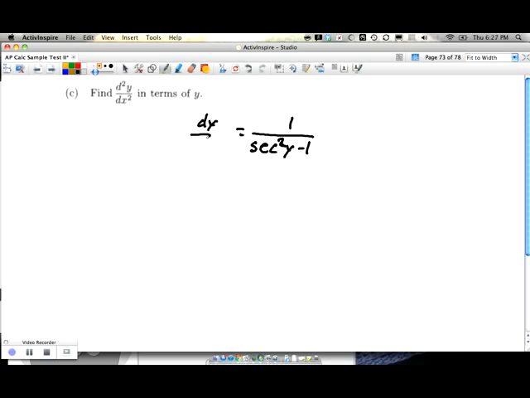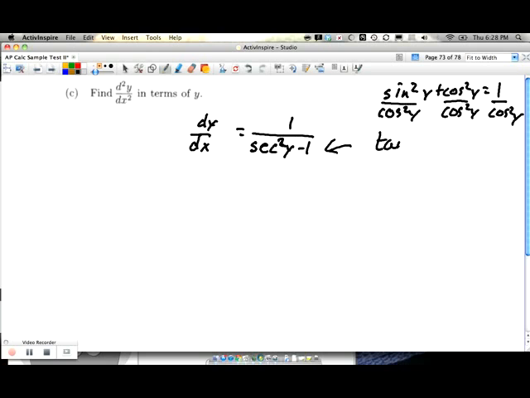I know that starting with the Pythagorean identity, sine squared y plus cosine squared y equals 1. And if I divide each of these by cosine squared y, let's see what I would get. That means I'd have tangent squared y plus 1 equals secant squared y.